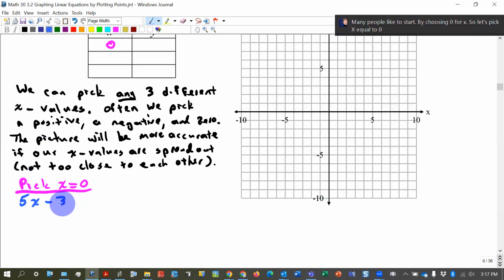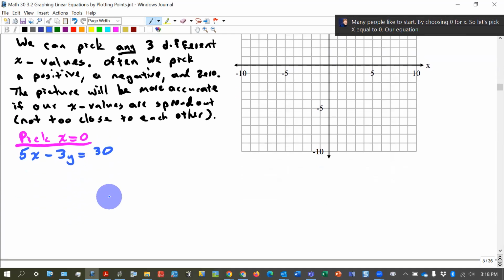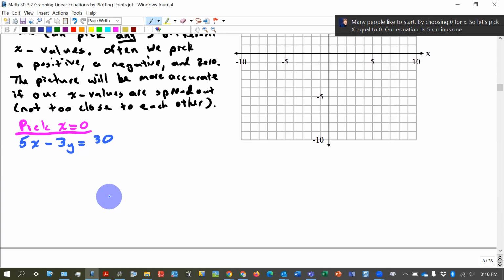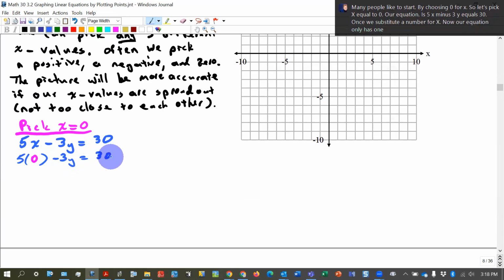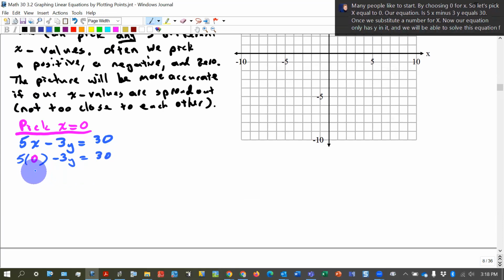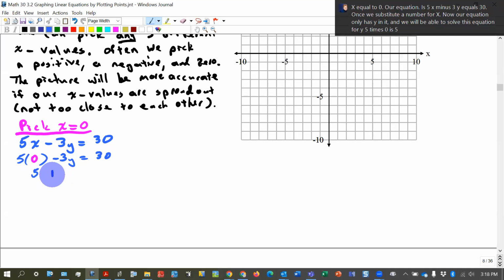Our equation is 5X minus 3Y equals 30. Once we substitute a number for X, now our equation only has Y in it, and we will be able to solve this equation for Y. 5 times 0 is 5.